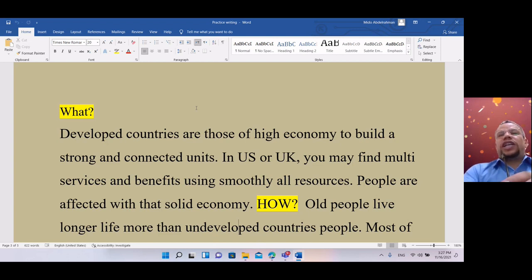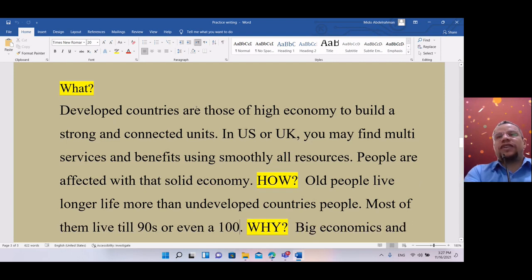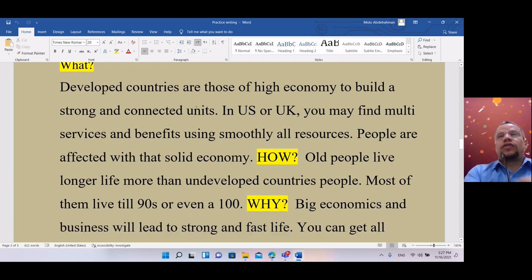Still what: in the US or UK, you may find multi-services and benefits using all resources smoothly. People are affected by that solid economy. How? Now the answer is how. Don't write what and how; I'm just giving it to you live.